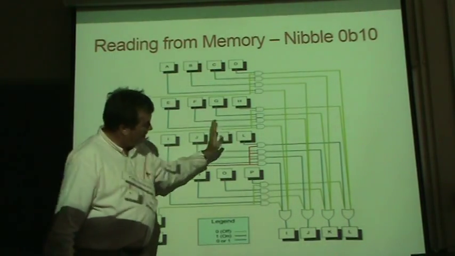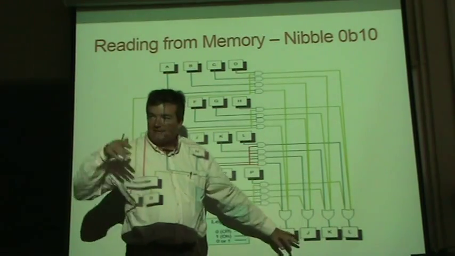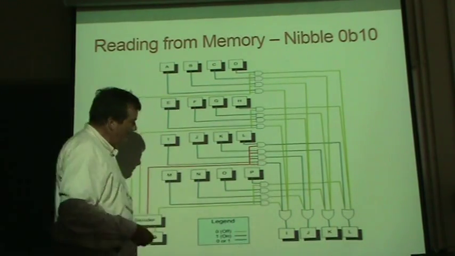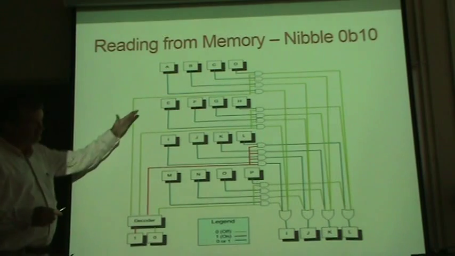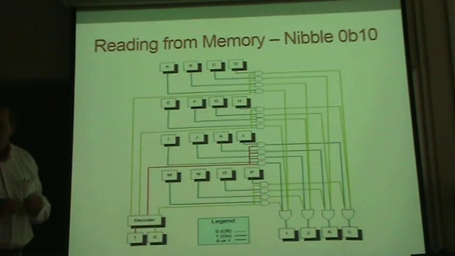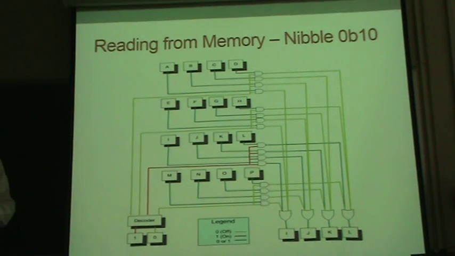So each of these, copying data from one nibble to another, takes several steps. And then copying memory back to a different location, that takes several steps. Okay?